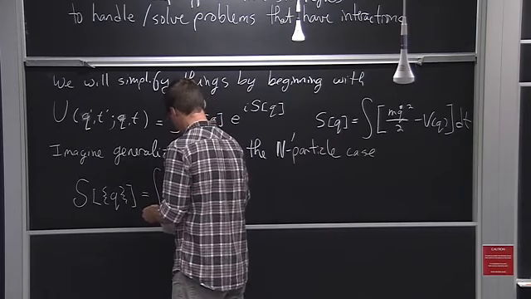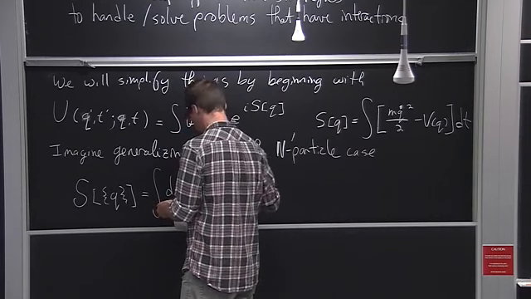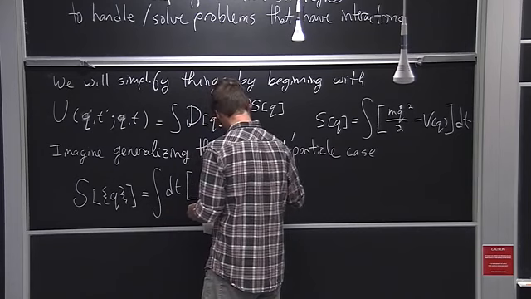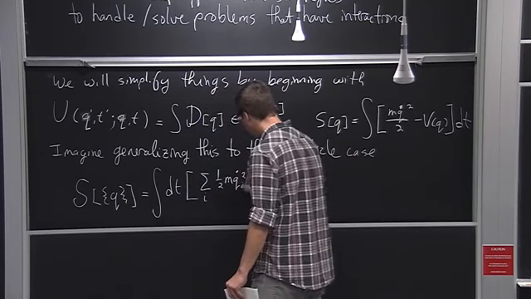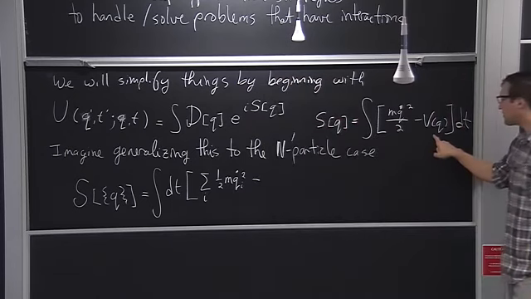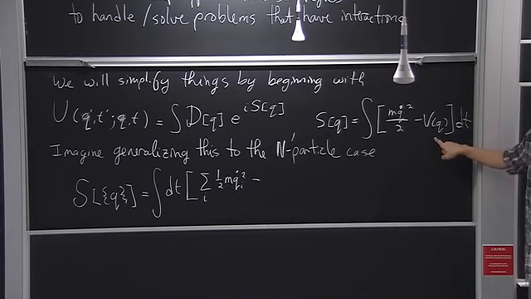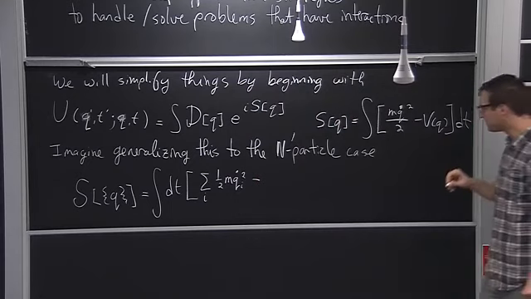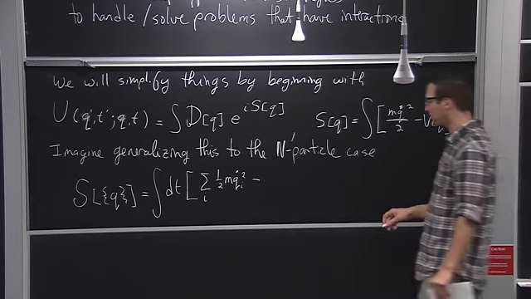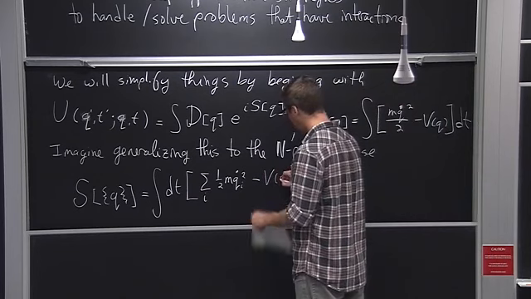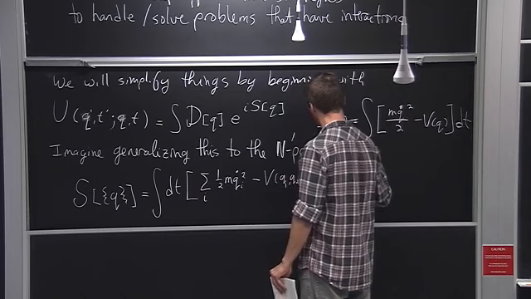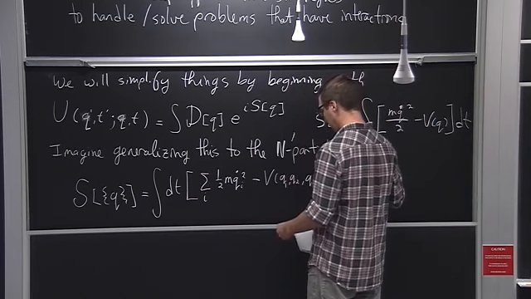It's just the sum of all 1/2 m v squared, if you will. We're going to have to label the q dots of each particle. And the interaction part, the V, I just want to leave as general as possible to account for 2-body terms, 3-body terms, 4-body terms, whatever we need. And that's it.